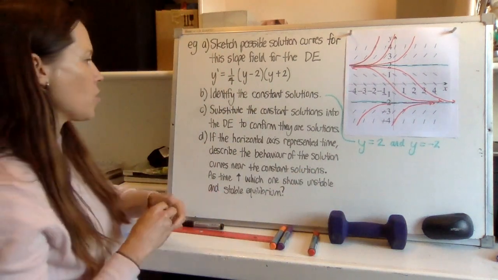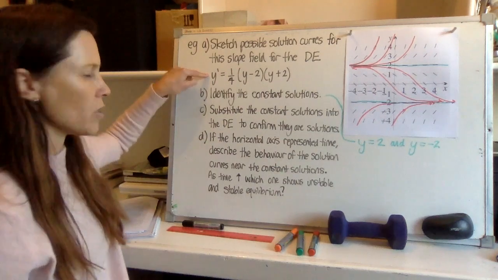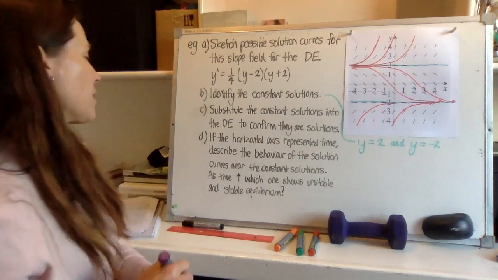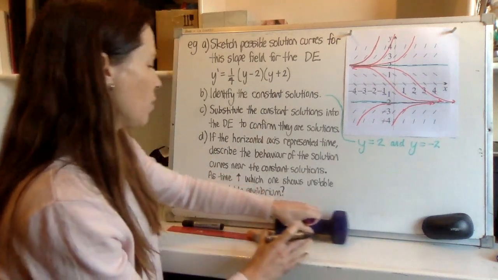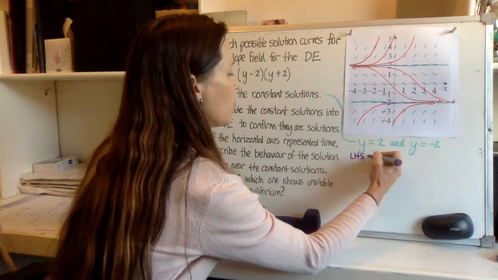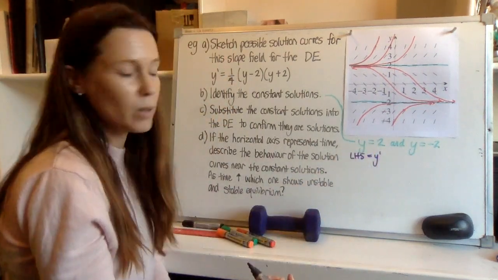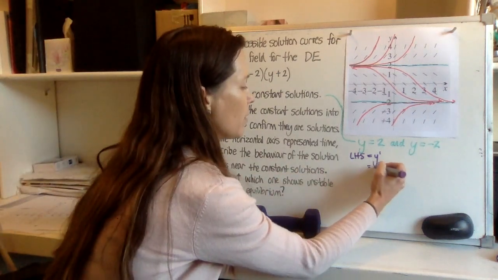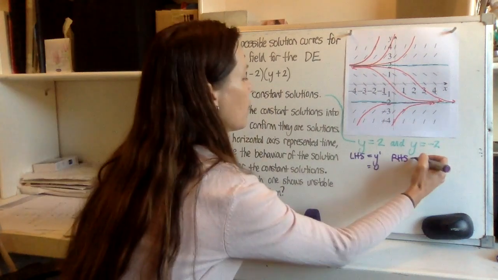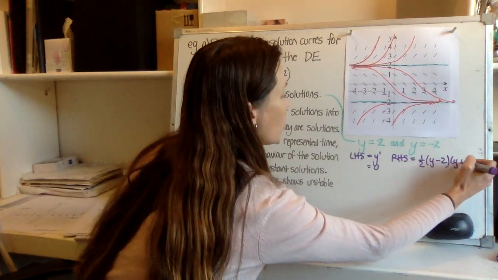All right, substitute the constant solutions into the differential equation to confirm that they actually are solutions. So this is what we did in the last exercise. We've done a lot of this so far. We need to start by saying, all right, the left-hand side is equal to y dash. Now, if we're choosing that y equals 2, then y dash would clearly be 0. And on the right-hand side, we have 1/4 of y minus 2, y plus 2.